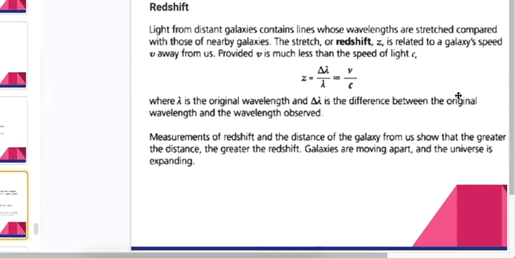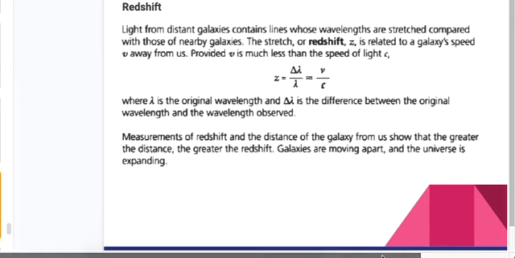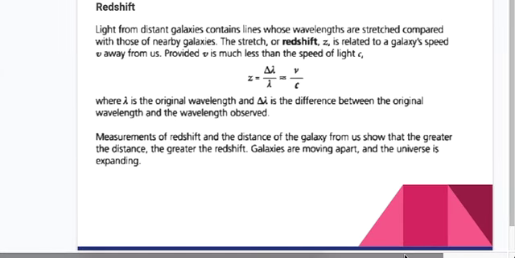After that, we talk about a very crucial concept called the redshift. You would probably know that in astronomy, it is a generally accepted theory that the universe is expanding. The evidence for the expansion of the universe comes from this concept of the redshift.